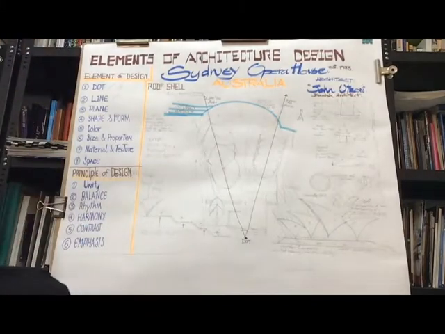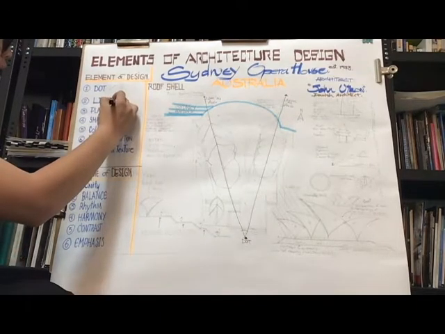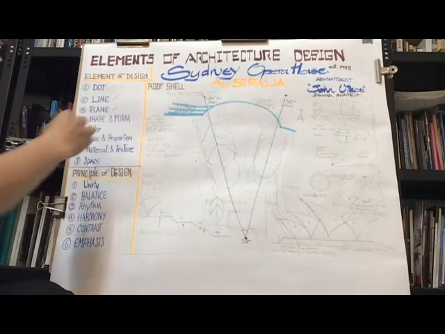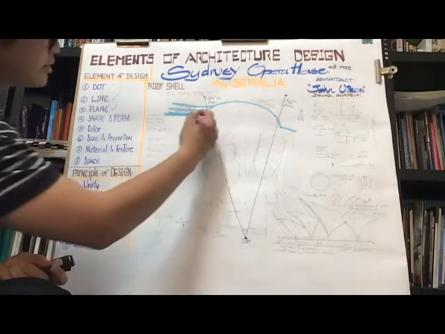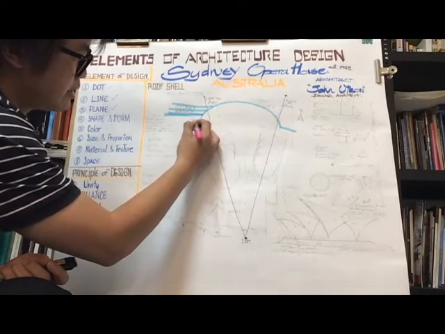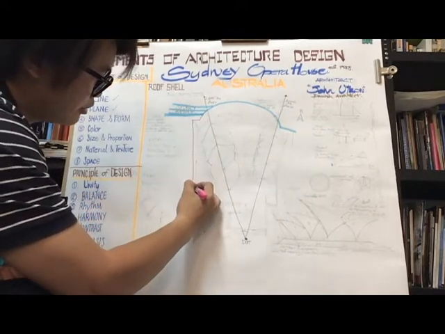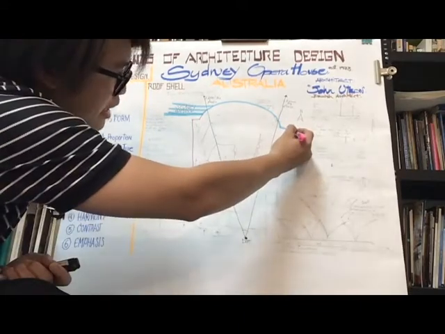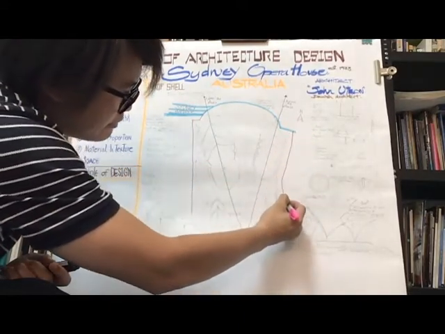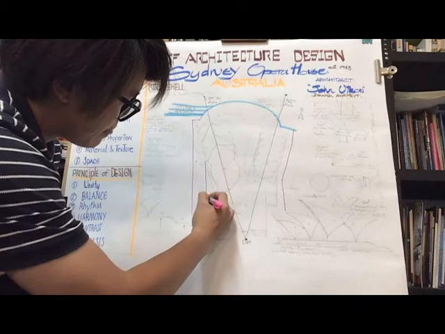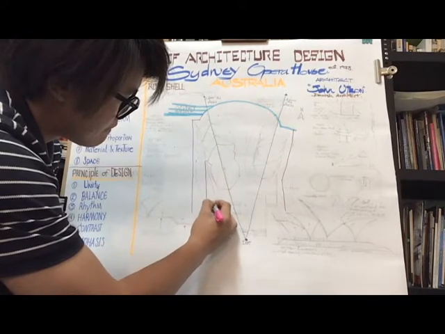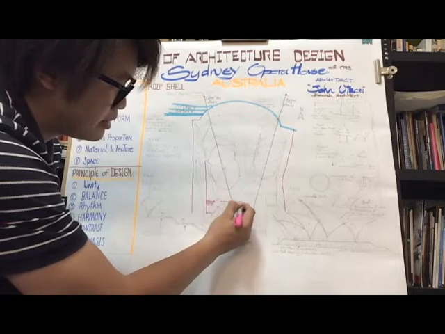Alright, after that from line to plane. The plane that we are going to talk about is just there, almost the overall area that you can see as this step here.